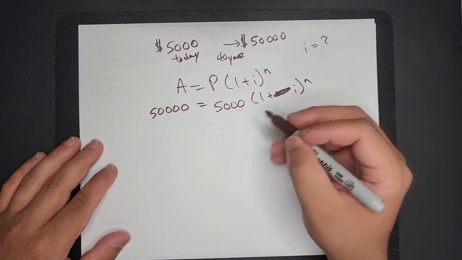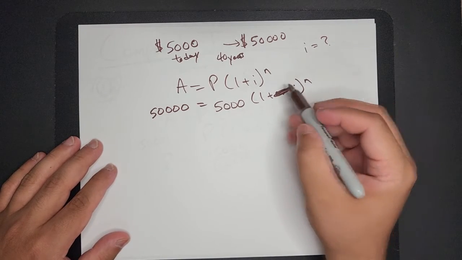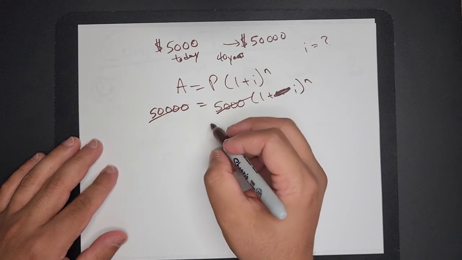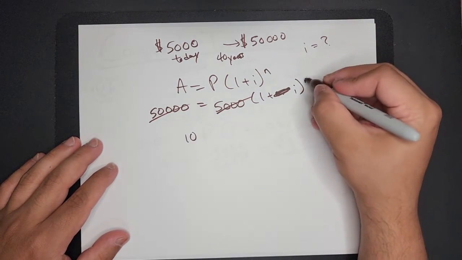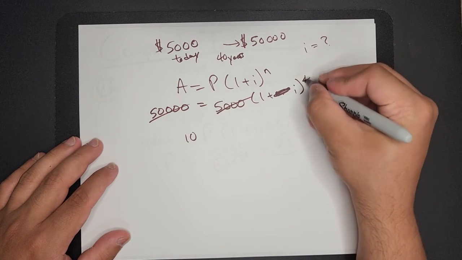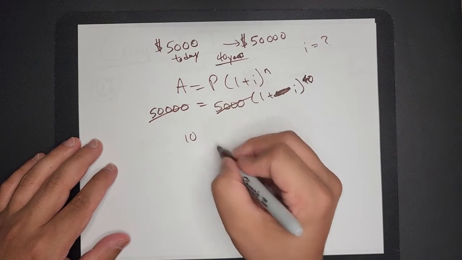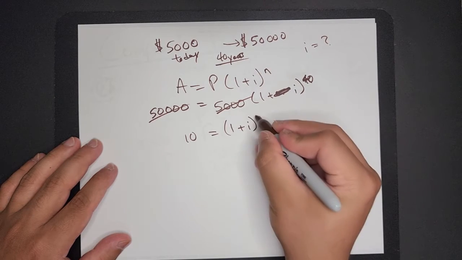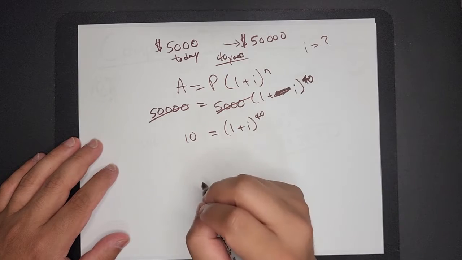If we rearrange this, we can divide both sides by 5,000, and this has to be 40, since that's the time we have. So 10 is equal to 1 plus I to the power of 40. And now I can solve from here.